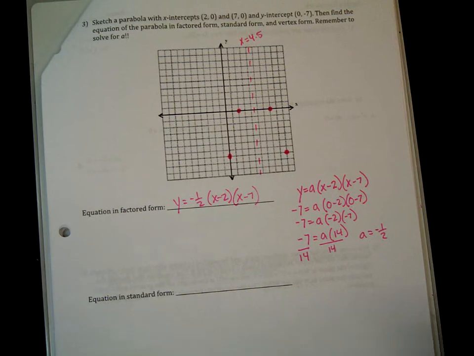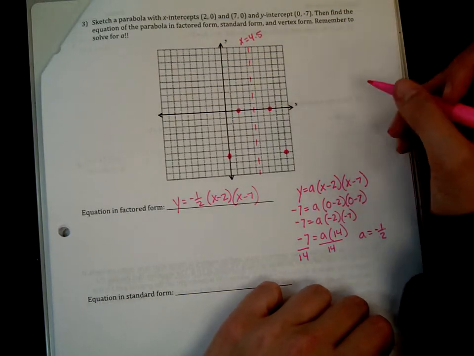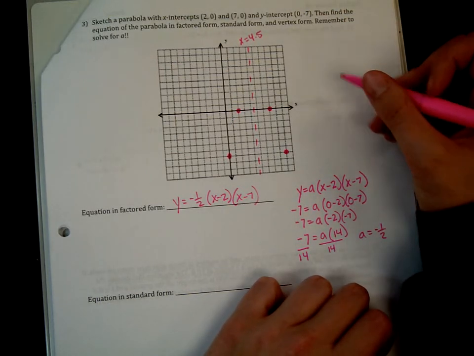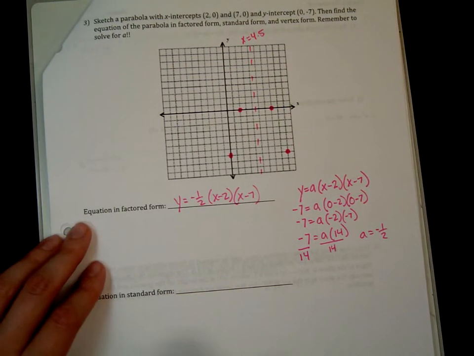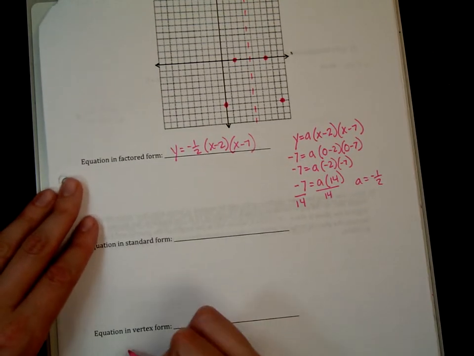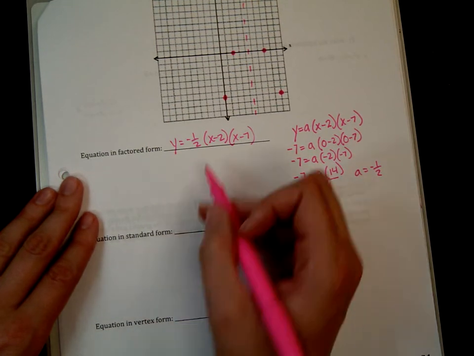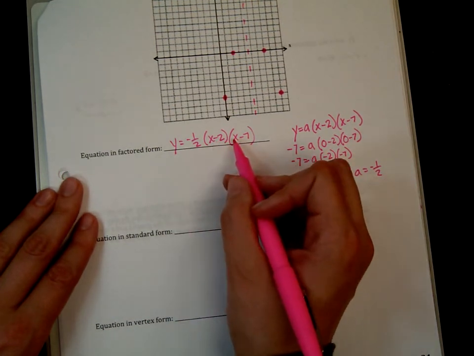Now I need to find the vertex in order to put it into vertex form. I know that x equals 4.5, so to find the vertex, I'm going to plug 4.5 into the factored form equation.